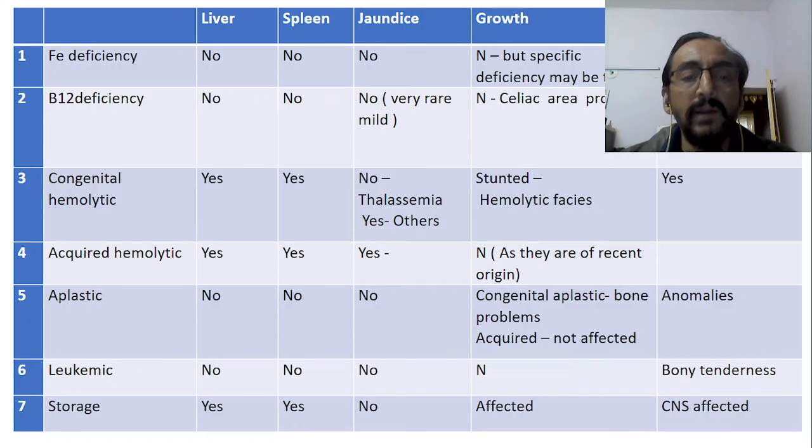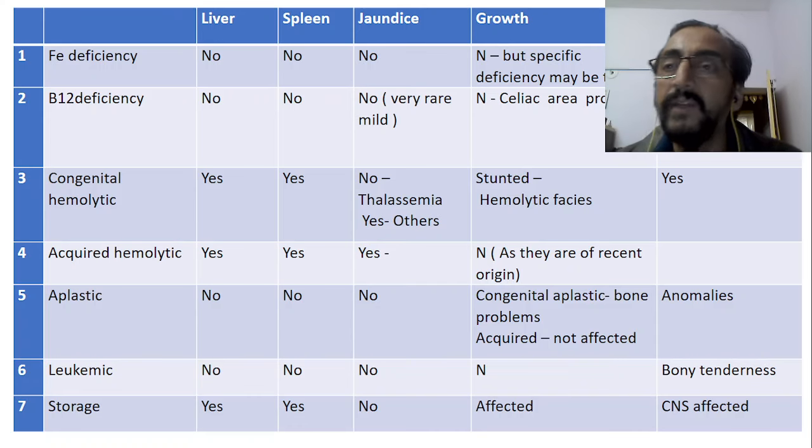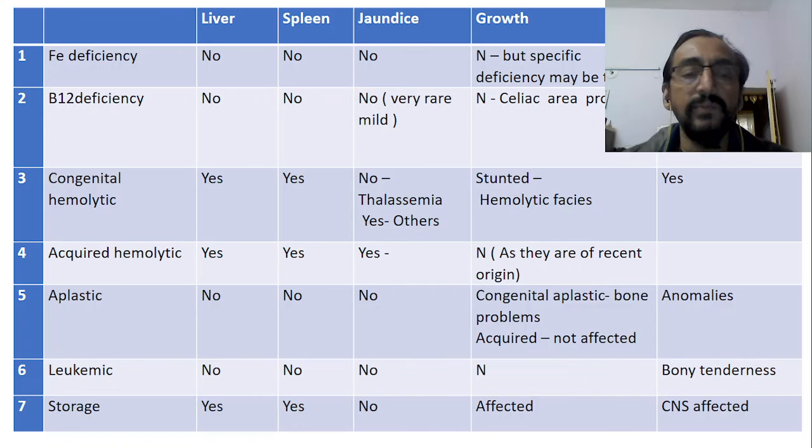So, liver, spleen and jaundice will not be there. Growth to some extent will be normal, but bony tenderness is very, very classical. Bony tenderness will be seen. Another condition is storage. In case of storage disorders, also there may be anemia. When the storage occurs in the bone marrow, there will be the problem.